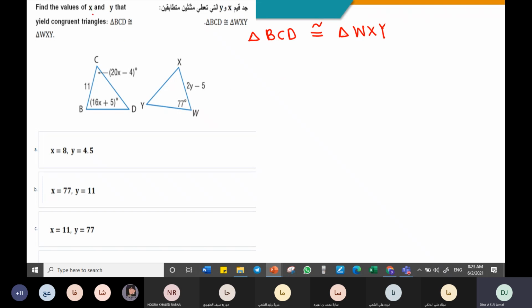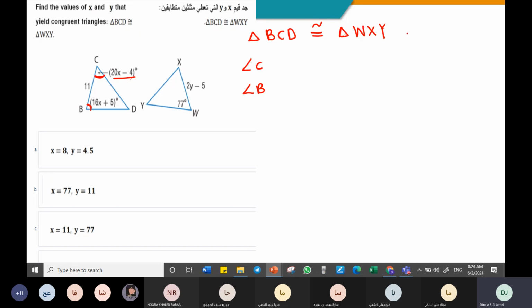My x value is inside angle C, and at the same time it is inside angle B. That means, let's see, angle C and angle B are having a relationship with which angles?